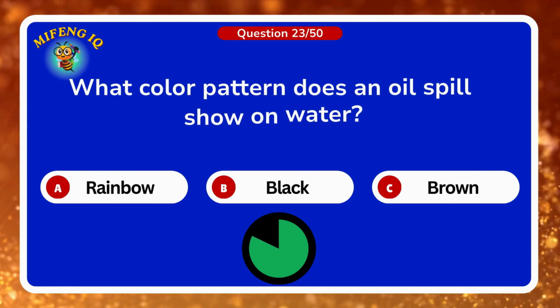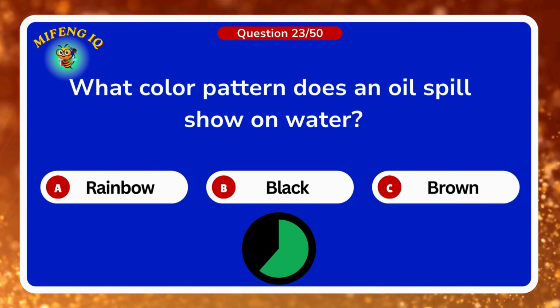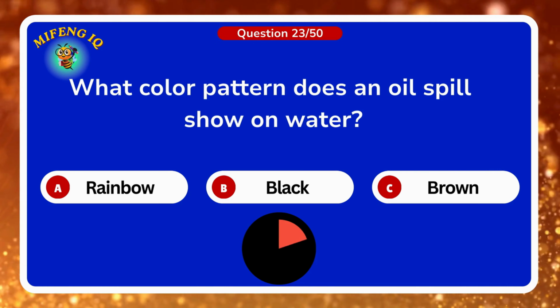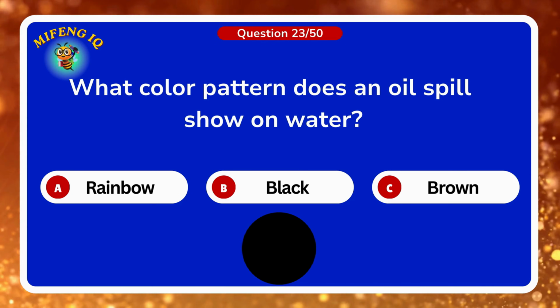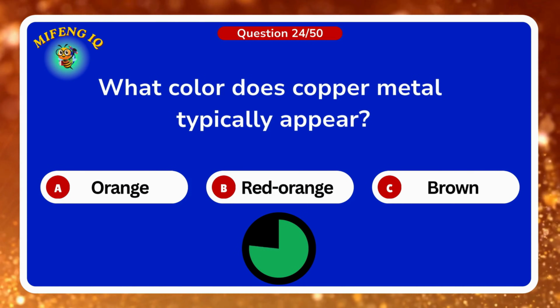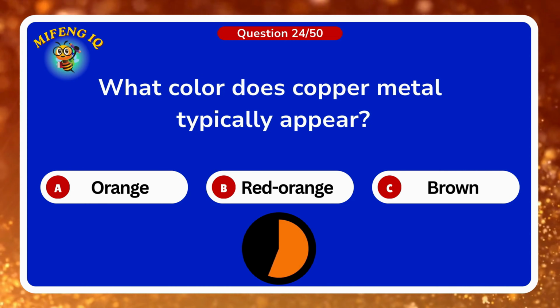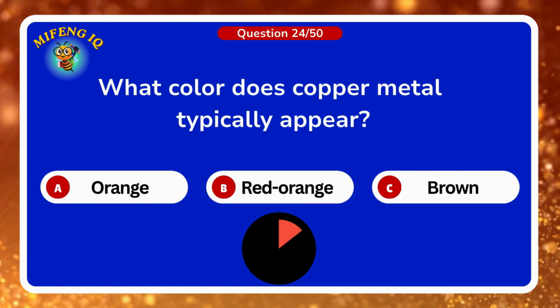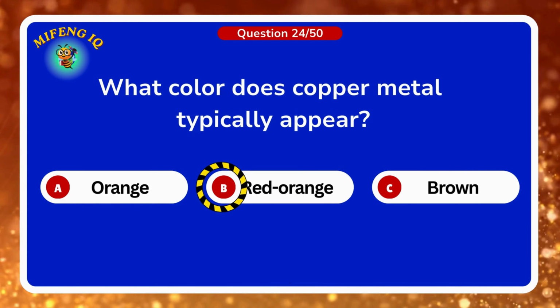What color pattern does an oil spill show on water? A rainbow. What color does copper metal typically appear? Red-orange.